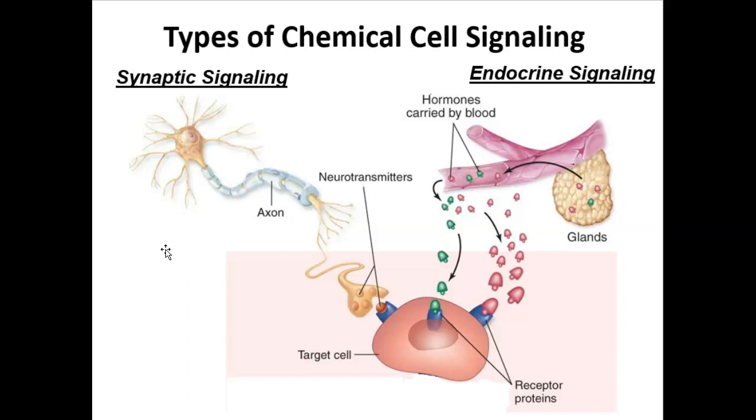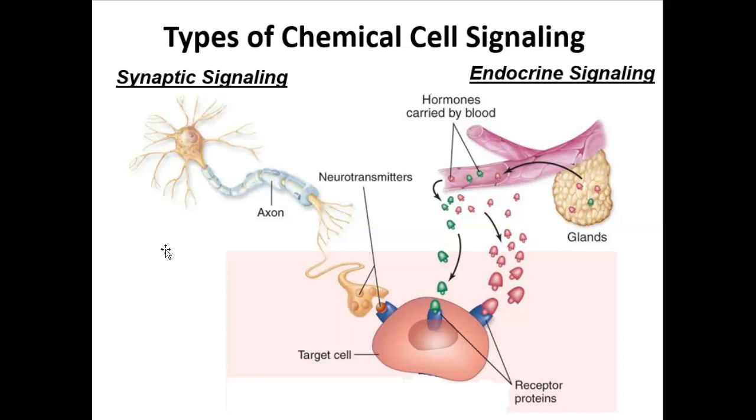The last type of chemical cell signaling pathway is called endocrine signaling. In endocrine signaling, the signaling cell and the target cell are typically very far apart from one another. The signal must travel through the bloodstream to reach its target cell, and there may be many target cells.